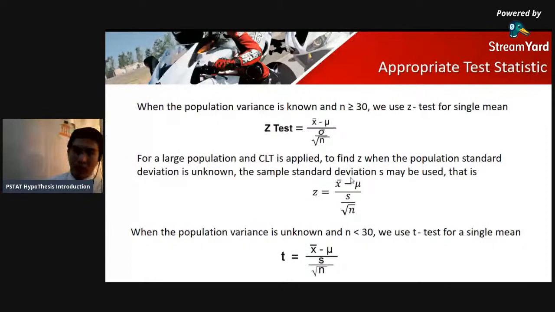Some students mistakenly use the t-test, but in some research, we now use the t-test for a large sample, because once the sample size gets larger, it approaches the normal distribution. So just observe this one: when the population variance is unknown and n is less than 30, you use the t-test. Do not use the z-test.